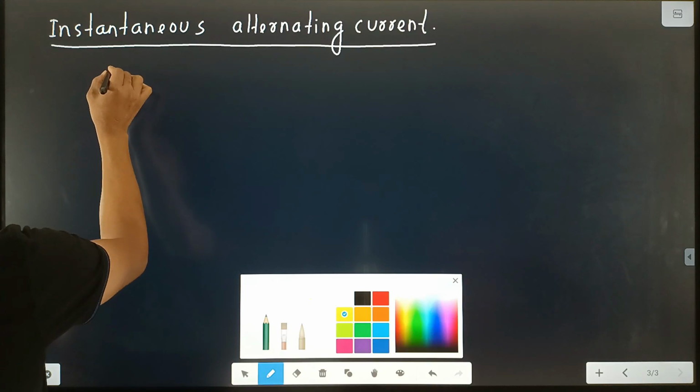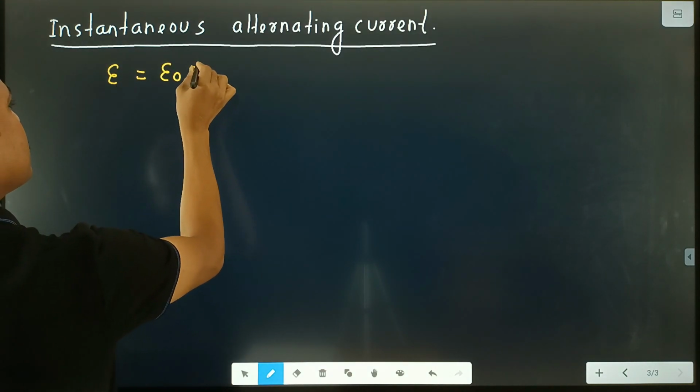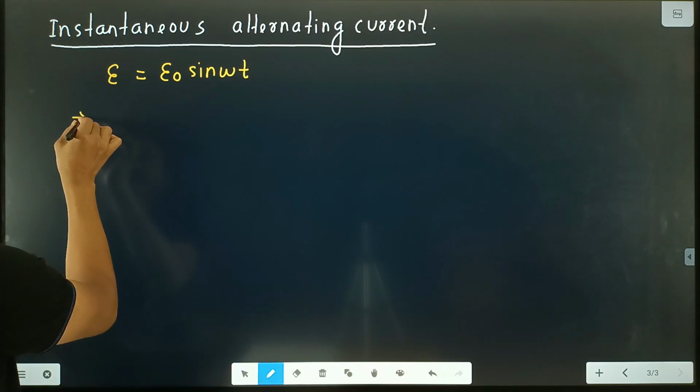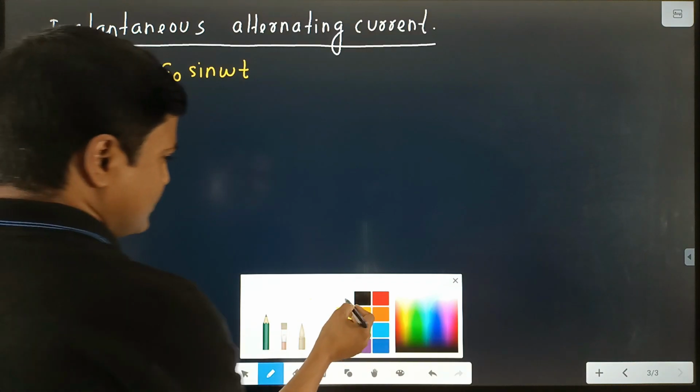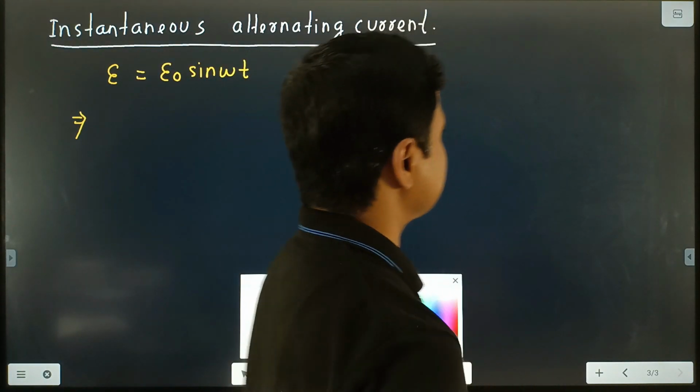We know the EMF E is equal to E0 sin omega t. That implies, we know this relation in the chapter electric potential and capacitance.